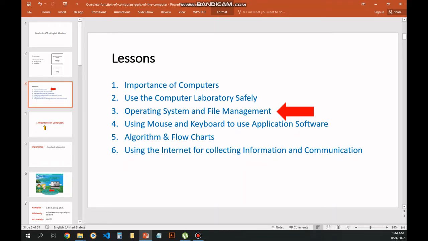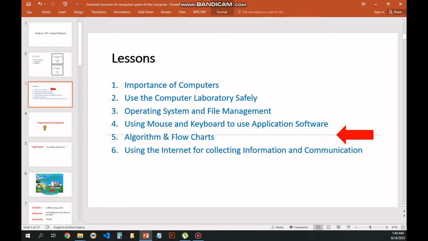The fourth one is using the mouse and keyboard to use application software. There you're going to learn how to use the keyboard and the mouse properly in order to open this application software. The fifth lesson is algorithms and flowcharts, and the last one is using the internet for collecting information and communication, where you're going to get some knowledge about how to use the internet and all these things. All right, so that is that.